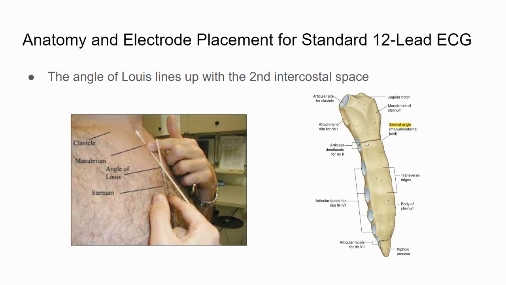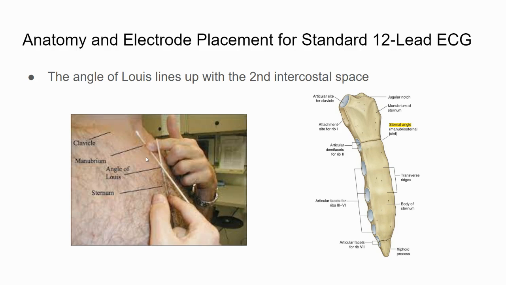Typically, one will feel the jugular notch, or suprasternal notch, that you can see here in the photo, and come down until you feel a little indentation. That indentation is the sternal angle, the joint between the manubrium and the sternum.